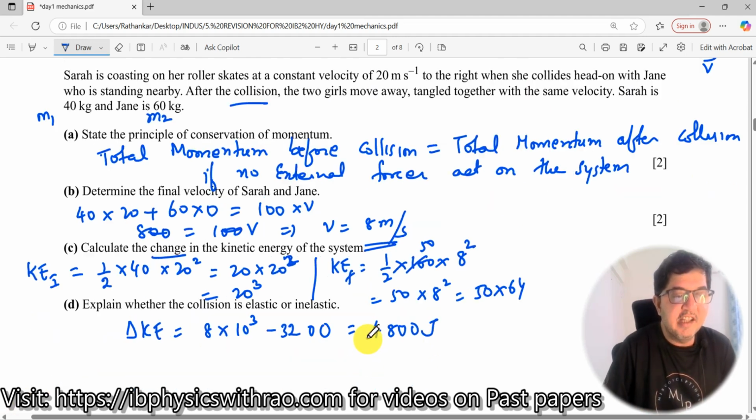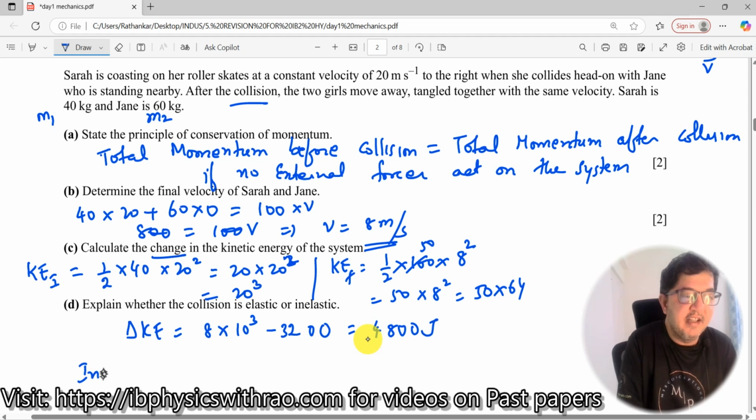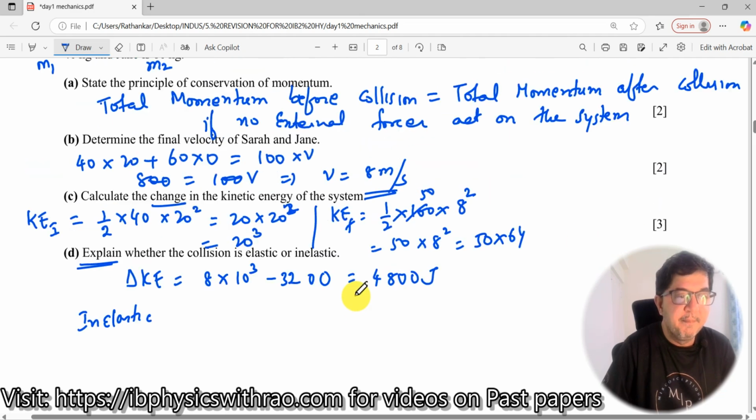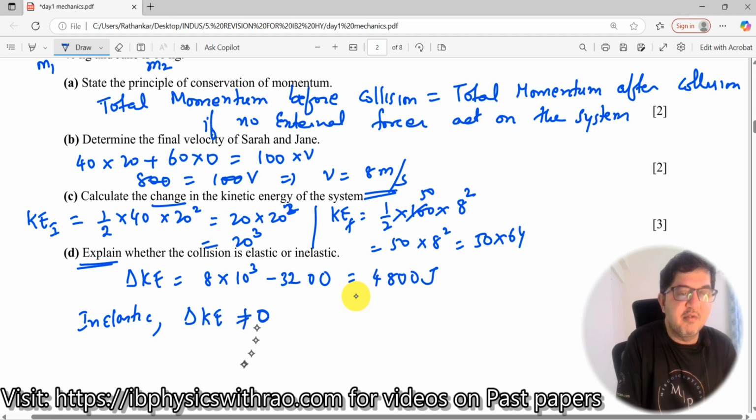Okay, explain whether the collision is elastic or inelastic. Definitely, it is inelastic. Why do I say it's inelastic? Because it's asking to explain over here. So when I say the combined term is explained, then you should say it's inelastic because your change in kinetic energy is not equal to 0, but it is negative. How do I know it's negative?